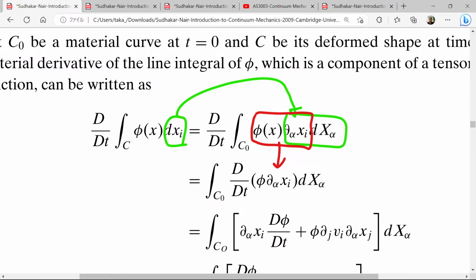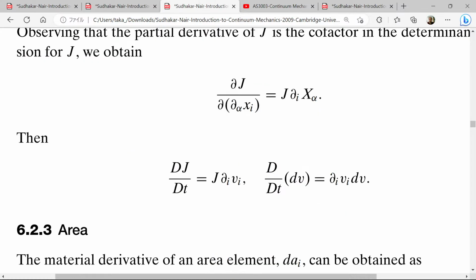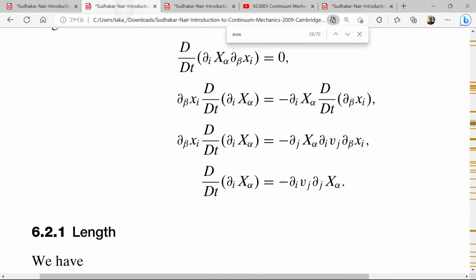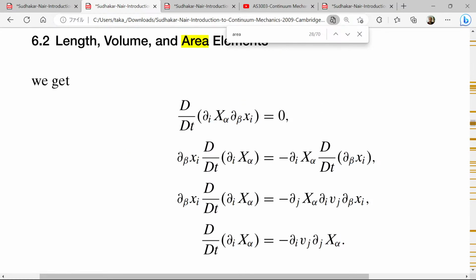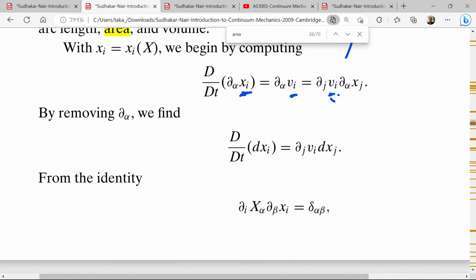We first take derivative of this part, then we take derivative of this part. This part will become this. It's hard to remember the formula, right? This one, time derivative, we have this.